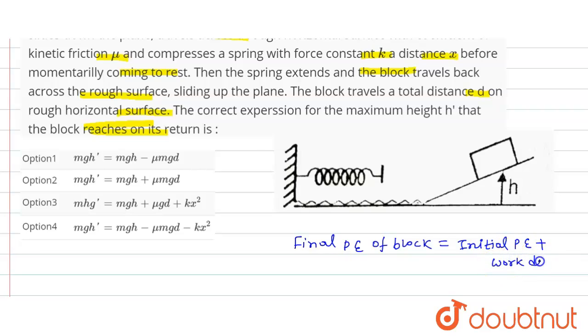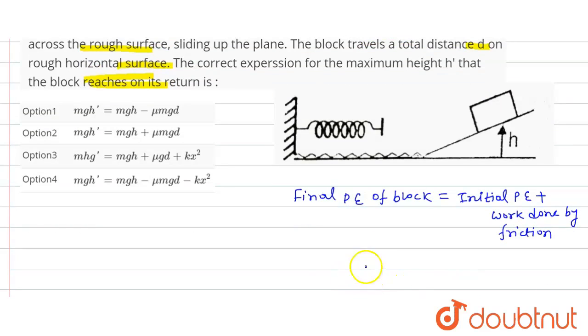So the final potential energy, therefore mgh dash where h dash is the final height, is equal to the initial potential energy mgh, minus mu mg, the friction force, into distance d. So this will be our answer: mgh dash is equal to mgh minus mu mgd, which means option first is the correct option.